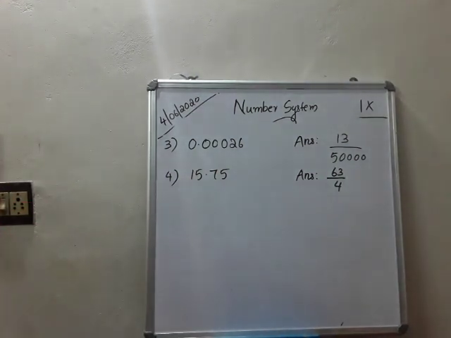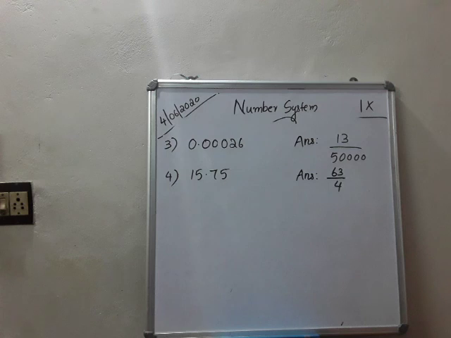Please write down the heading: conversion of a recurring decimal number to the form p by q.